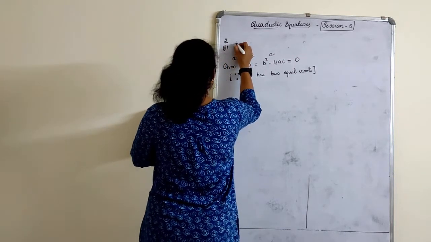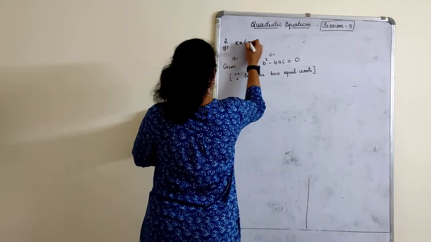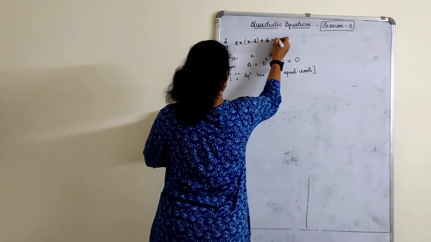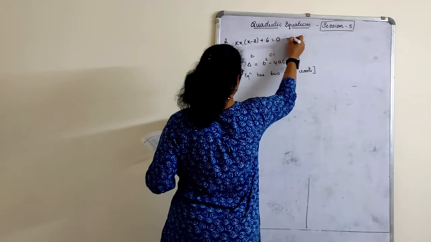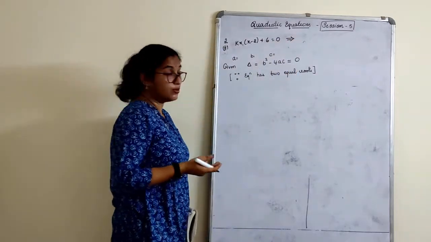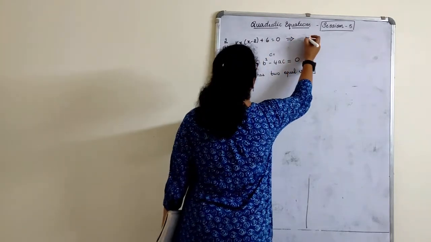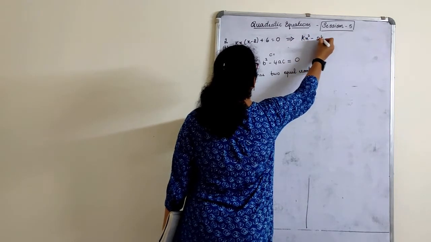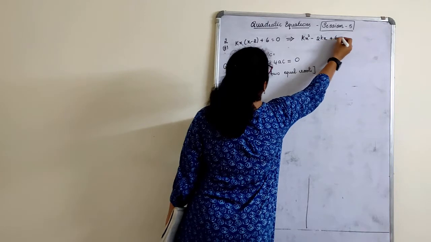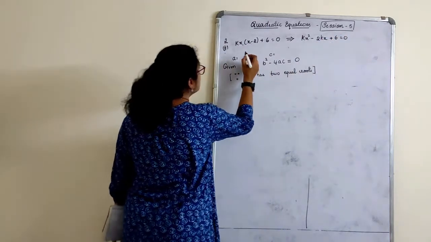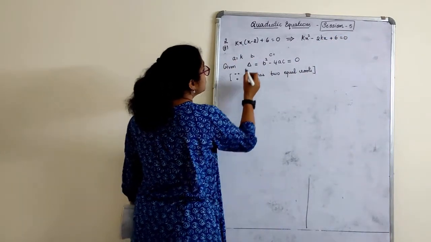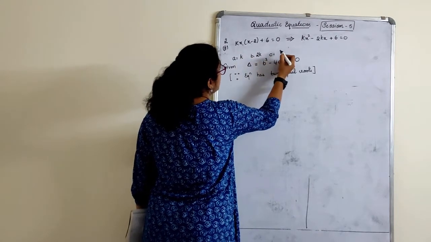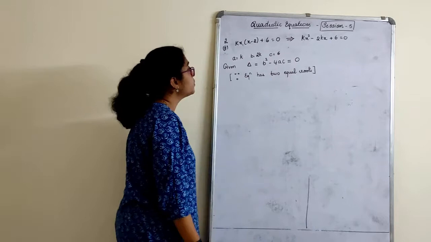Given equation is kx of x minus 2 plus 6 is equal to 0. First of all, write the equation correctly. There is no x square term here, so multiply and write kx square minus 2kx plus 6 is equal to 0. So what is your A? A is equal to k. What is your B? B is equal to minus 2k. What is your C? C is equal to 6.